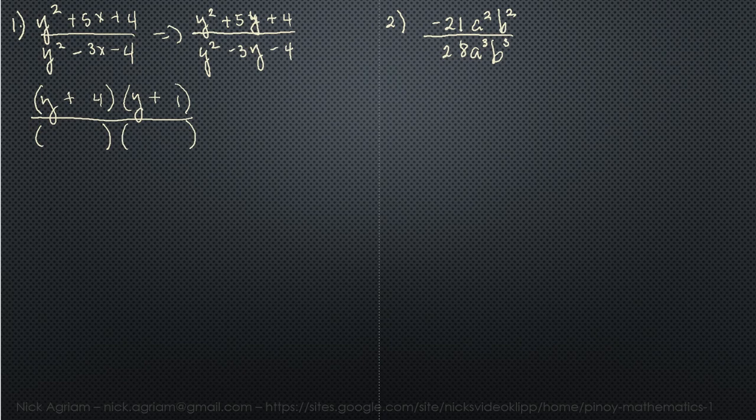We have y also, and then we have still 4 and 1. But you can see we have negative, so we have negative 4 and positive 1. Now we're ready to cancel because this one and this one are the same. So our answer is y plus 4 divided by y minus 4.